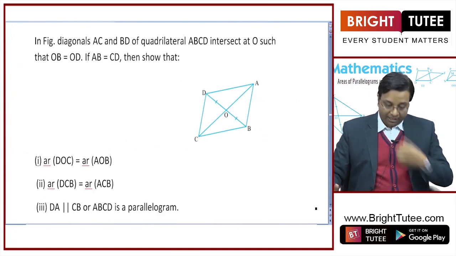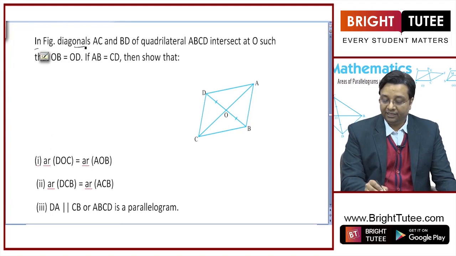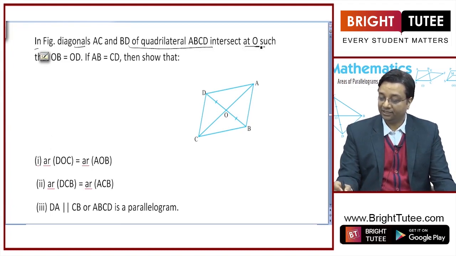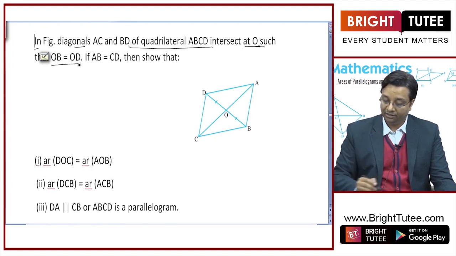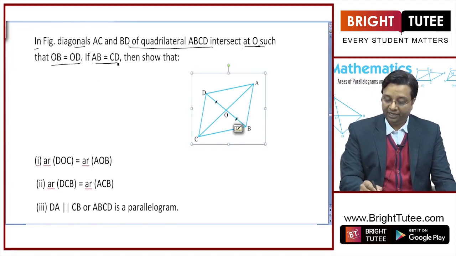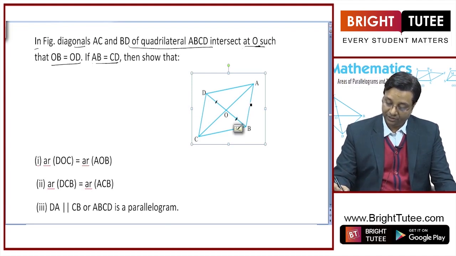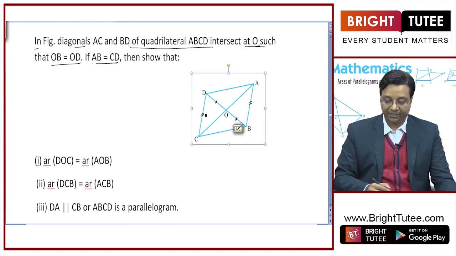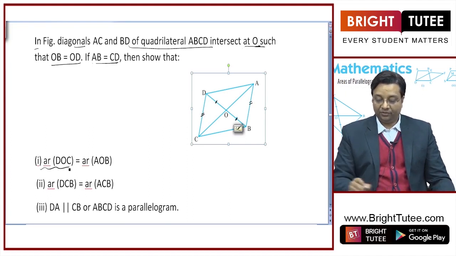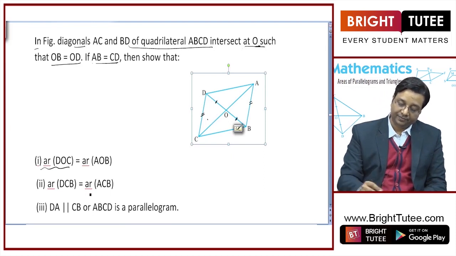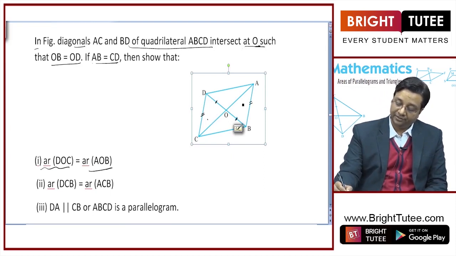Okay. Now in figure, diagonals AC and BD of quadrilateral ABCD intersect at O such that OB is equal to OD. Okay, these are equal. If AB is equal to CD, then show that area of triangle DOC, that is this triangle here, is equal to area of triangle AOB.